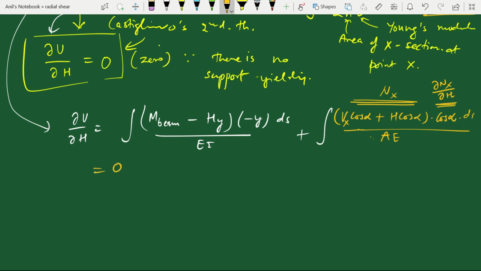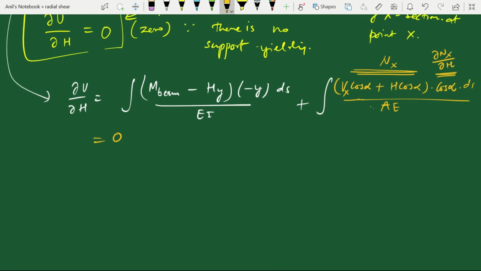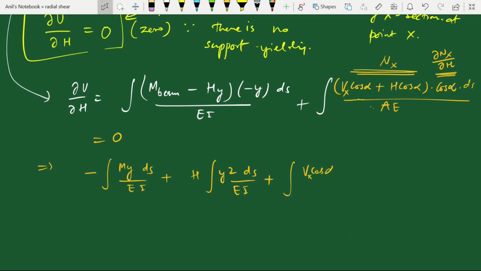And this is equal to 0 because there is no support displacements. Minus integration My ds upon EI plus H into integration y squared ds upon EI plus integration Vx cos alpha sin alpha upon A into ds plus H integration cos squared alpha ds upon AE, and this is equal to 0.